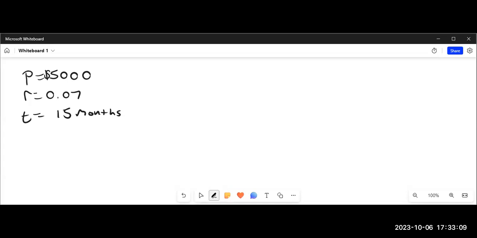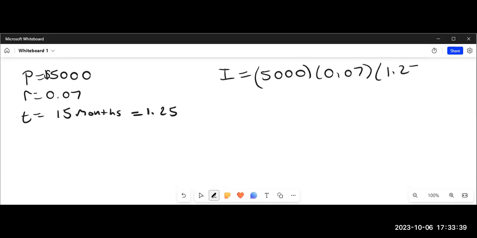Okay, so 15 months, I'm going to have to take 15 and divide it by 12 to get it as an annual number. So that's going to be 1 1/4 years. My interest earned is 5,000, which is P, times my interest rate, which is 7%, times my time, which is 1 1/4 years.